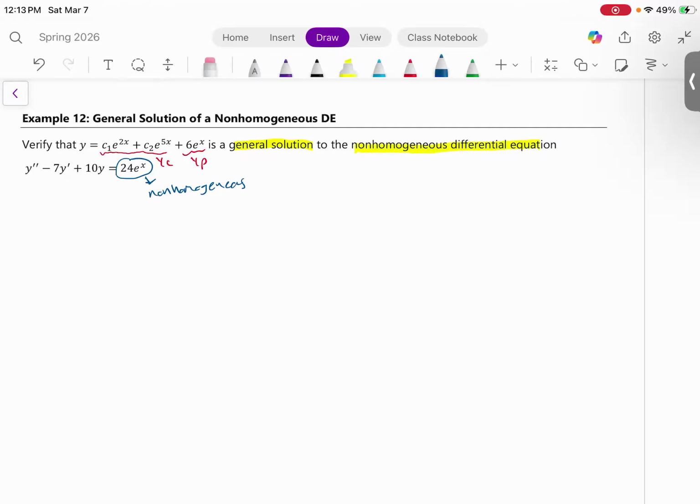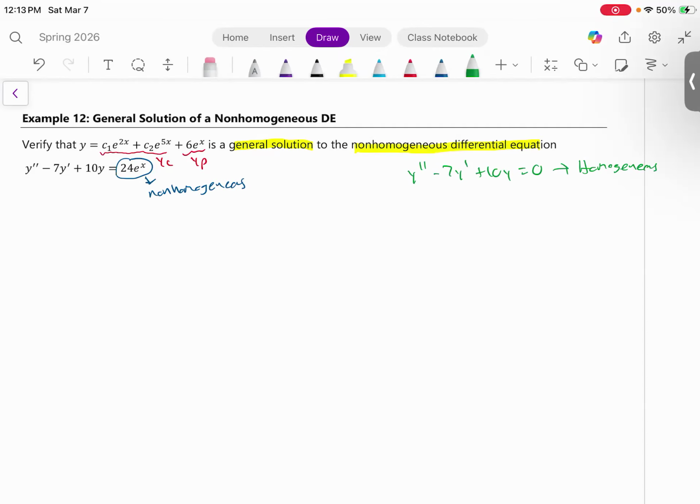Okay, and so the way I get the solution to the homogeneous portion, say, this is now homogeneous if I just drop that 24e to the x.